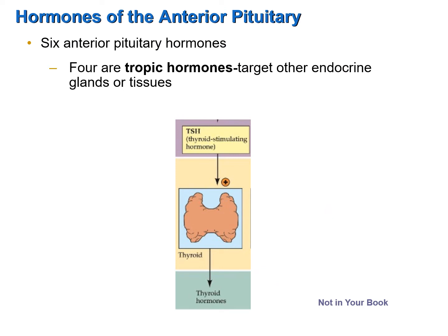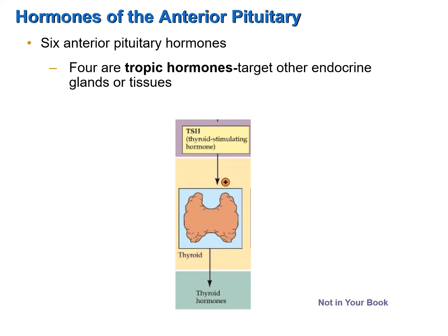We are now going to discuss in some detail the 6 anterior pituitary hormones that are released by the anterior pituitary gland in response to hormones from the hypothalamus. 4 of the 6 hormones released by the anterior pituitary gland are themselves tropic hormones. In other words, they're going to target other endocrine glands or tissues.